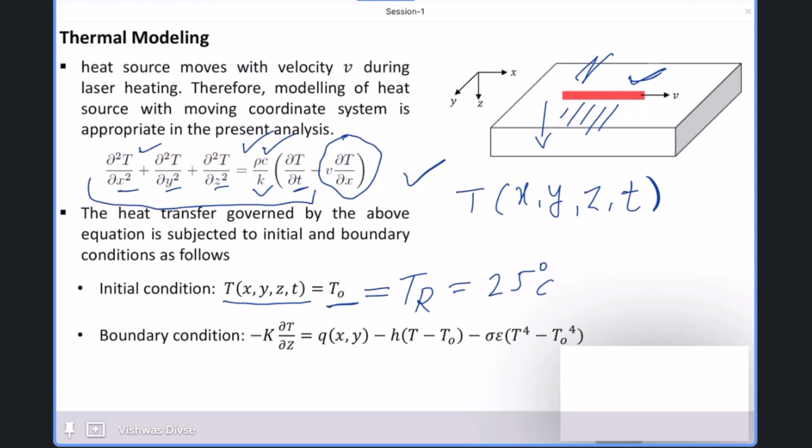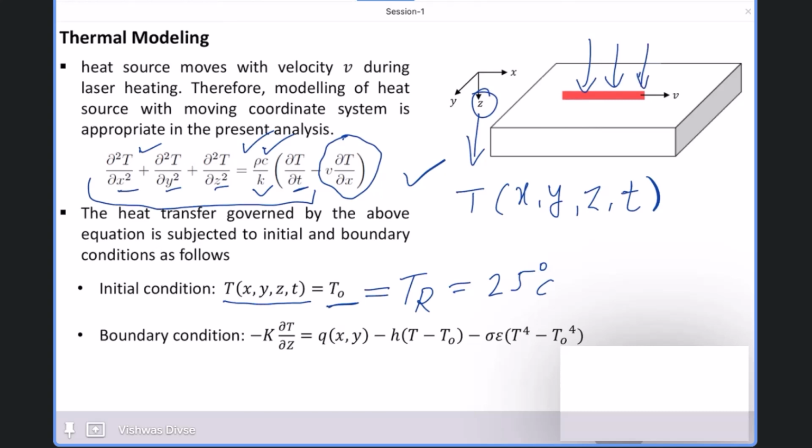Apart from that, boundary condition, as I said, at the same time the convection and radiation will be active and your heat source, that is a heat flux Q, is there. And if I show you, this is the Z direction, right? Z direction. So a heat flux is going to apply like this.